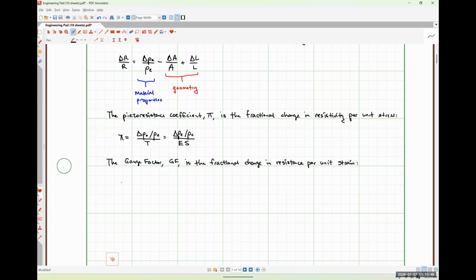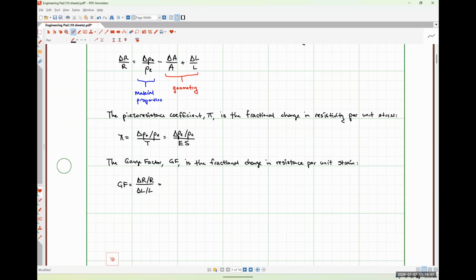Mathematically, we have delta R over R divided by delta L over L, since delta L over L is simply strain.